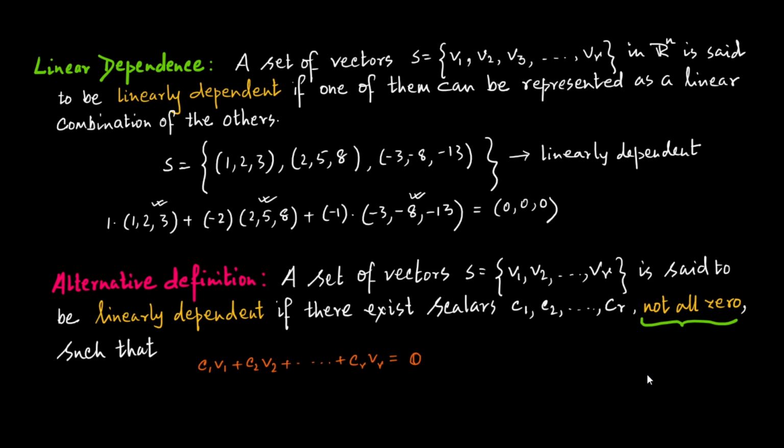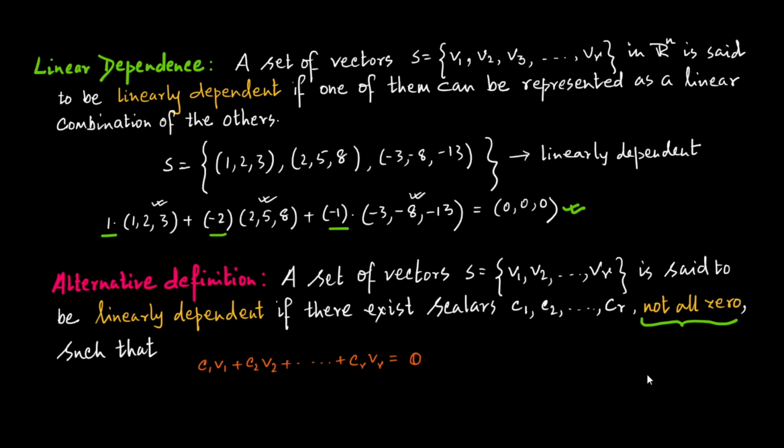So the interesting point is that even if not all the scalar multiples are zero, even if only some of them are non-zero, but the linear combination yields the zero vector, then we will say that the set of vectors is linearly dependent. As we have seen above, here actually all three scalar multiples are non-zero. Hence the result of this linear combination is the zero vector.